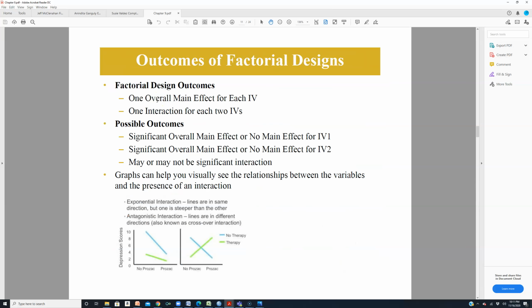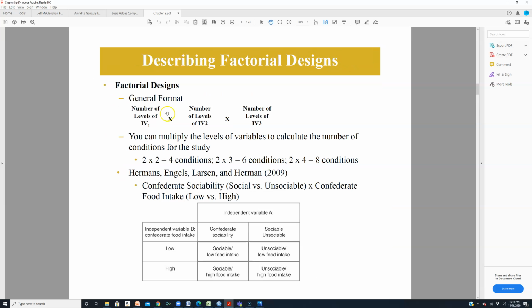So if I go here, I'm saying there are different people in each condition. If I'm looking at a repeated measures design where first the person comes in and they're really, really sociable, then they stop talking, how does my food intake change?